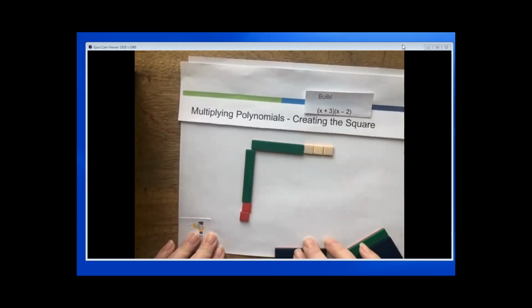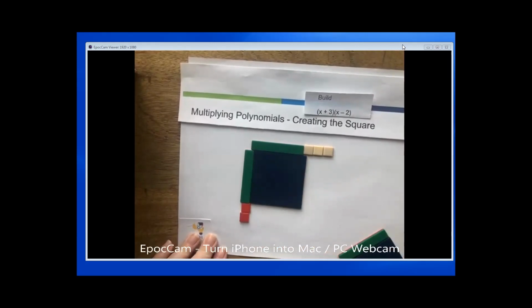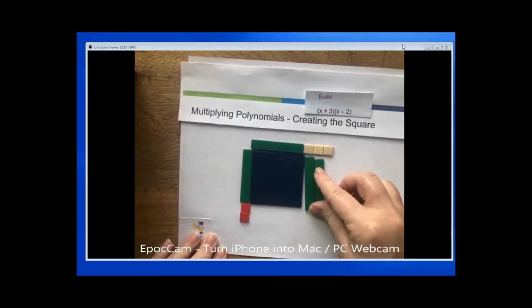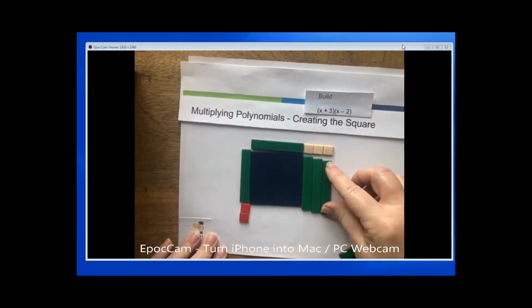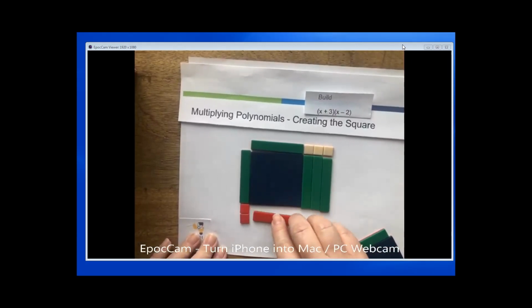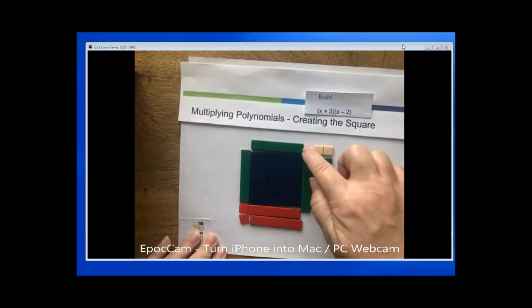Now I want to build my middle here. x times x, x times 1, 1 times 1, negative 1 times x, a negative 1 times a positive 1.